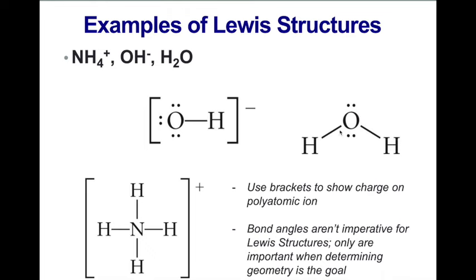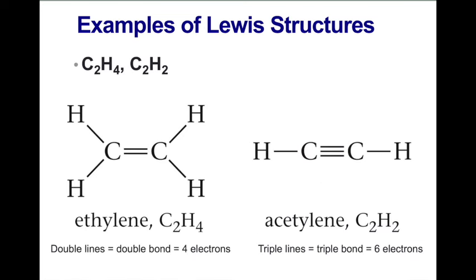Here you see these bonds are shown a little bit bent. In terms of Lewis dots, you don't need to worry about bond angles. We're really just counting up the electrons, making sure we're all there. But we will worry about bond angles as we begin to talk about molecular geometry. So some more possibilities here. Here's a double bond.